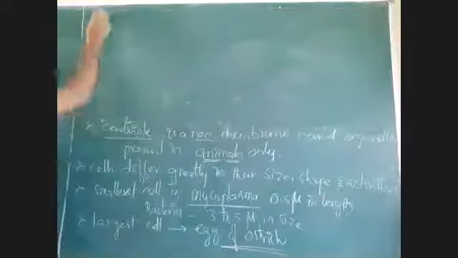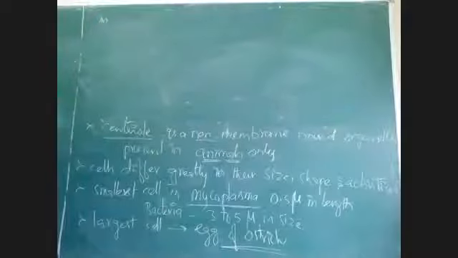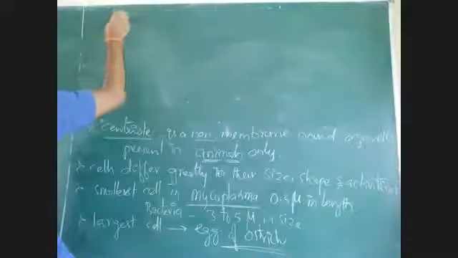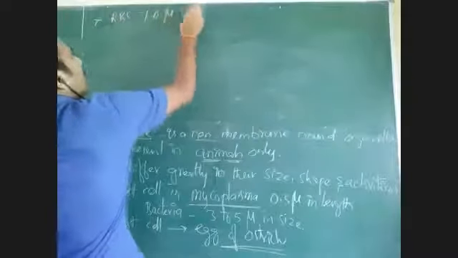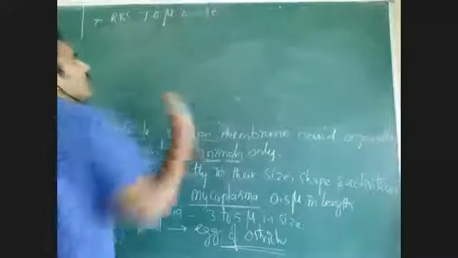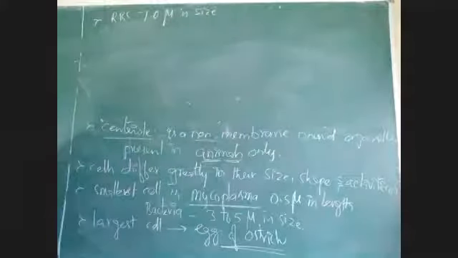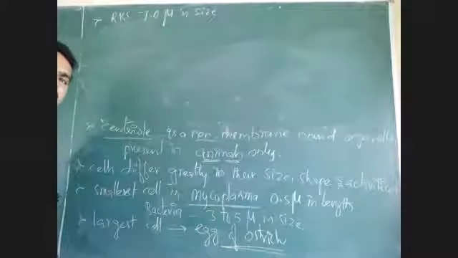These are some differences. Suppose in multicellular organisms, there may be some difference in cells also. If you see RBC, it has a different size. RBC has 7 microns in size. In multicellular organisms, all cells may not have the same structure.